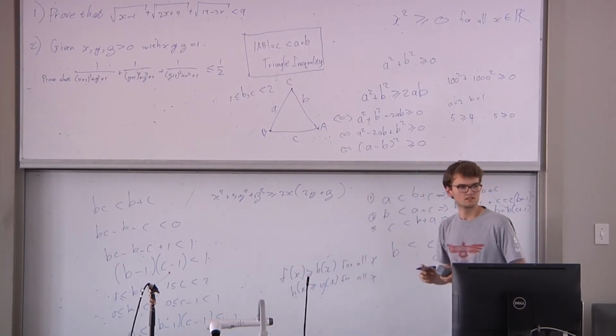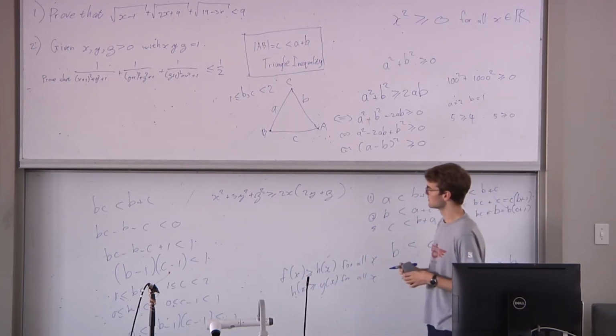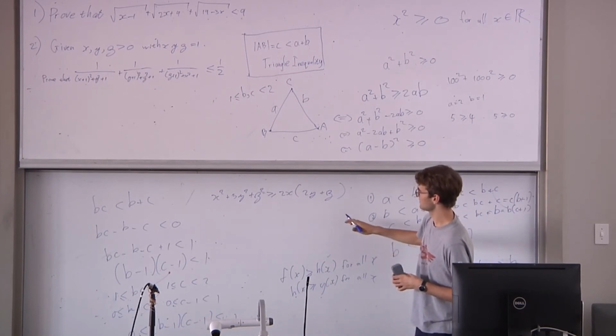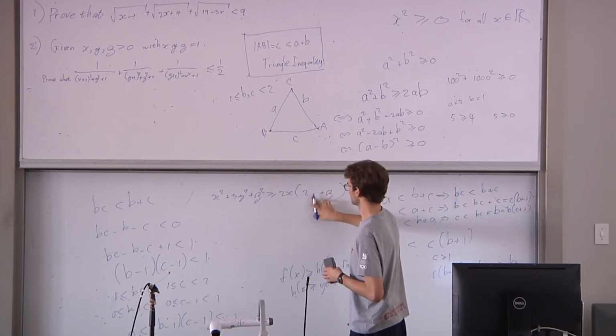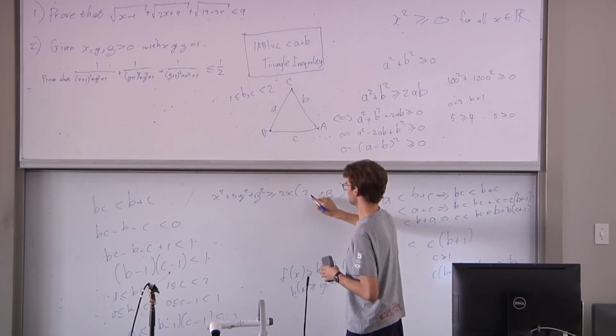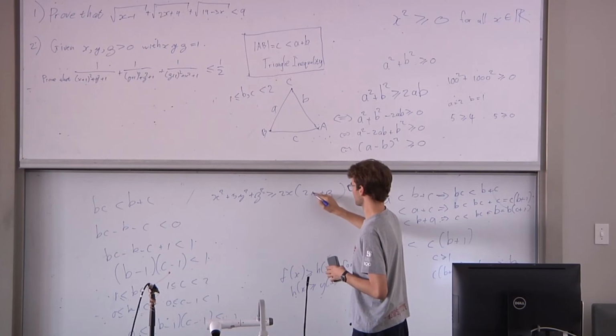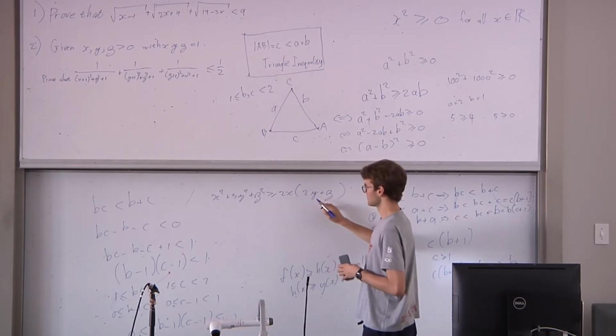I think it was 2y plus z times 2x plus z. I think it might have been that. Yeah, it is. It's (2y plus z)(2x plus z), so yeah.